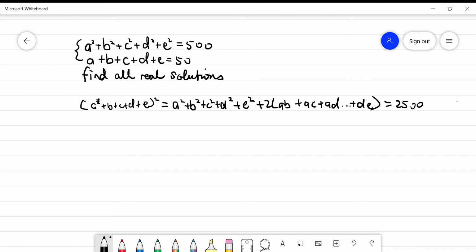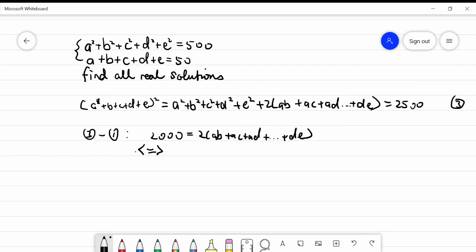If we call this equation 3, we could try subtracting equation 1 from equation 3, which would give us 2000 equals 2 times (ab plus ac plus ad plus and so on plus de), so 1000 equals ab plus ac plus all possible pairs, and we'll be stuck here.